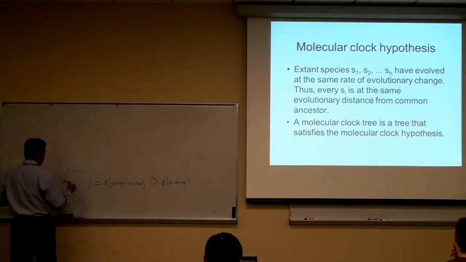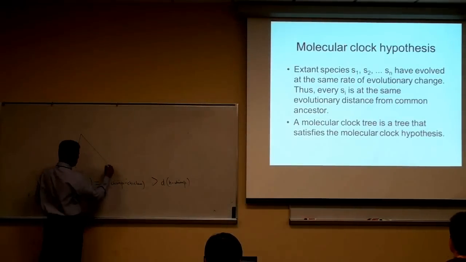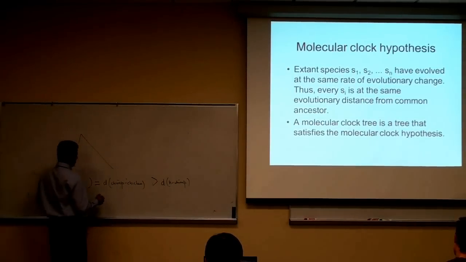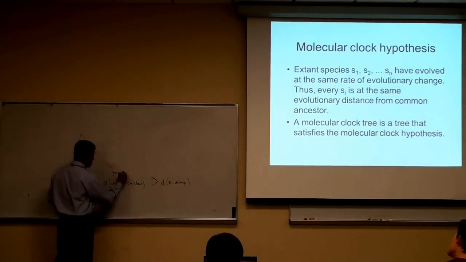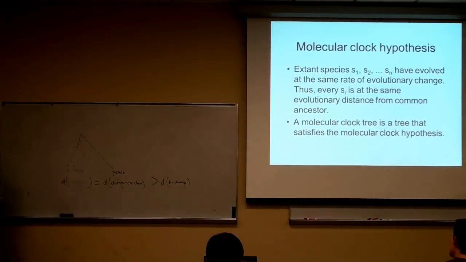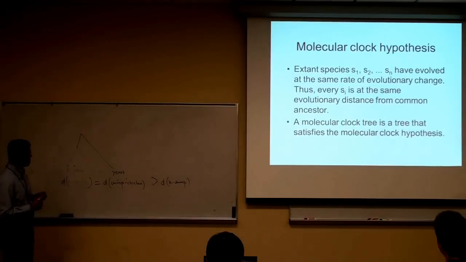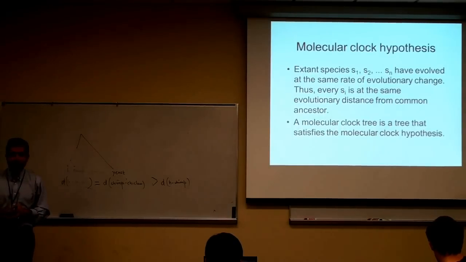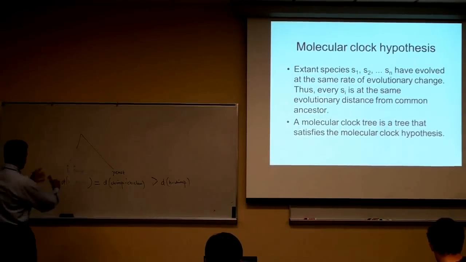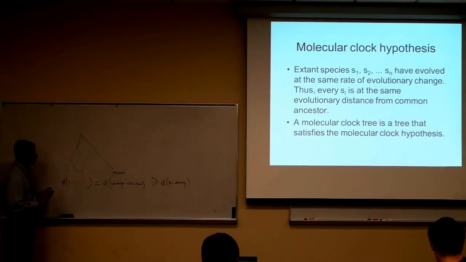Let's go back to this one, and in fact we can make something else here, yeast or something. If the branch lengths reflect time, you expect the tree to look like this, right?